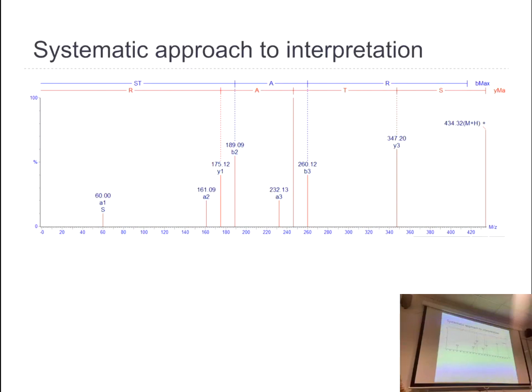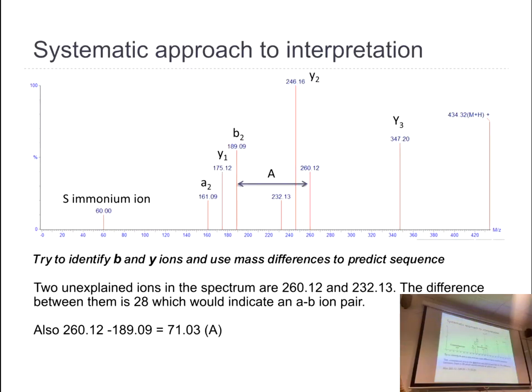Can you go to the previous slide? This S ammonium ion is like the starting point. For another spectrum it would be something else. But the ammonium ions don't give you positional information, so they're not going to correspond to any of that. Don't worry about it. It just gives you a hint that you have serine.